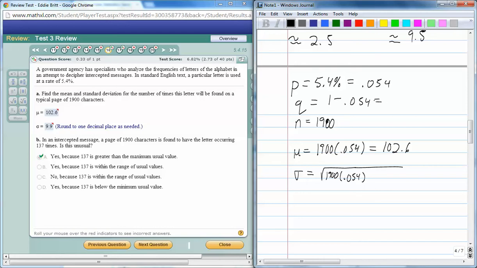So that's going to be 0.946. Alright, and so multiply that out, take the square root, and you should get something close to 9.9.